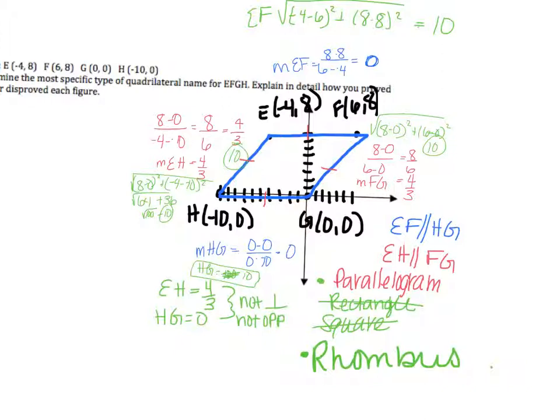And if no sides are parallel, that means it's a kite, but you've got to make sure that you prove something else, because otherwise it could just be a regular quadrilateral, not any special type. So always start with your slopes, and then I would go to the distance formula and prove a property there.